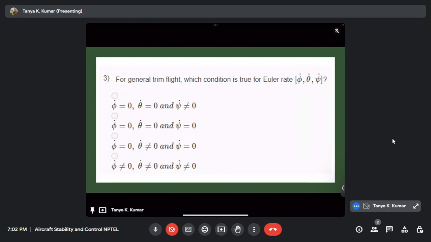For trim, are all three 0, or none of them 0, or a combination? Only two rates need to be 0. So which are those two rates for general trim? You had all done this assignment, right? So just tell me.